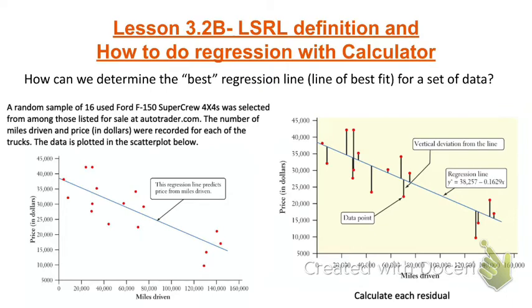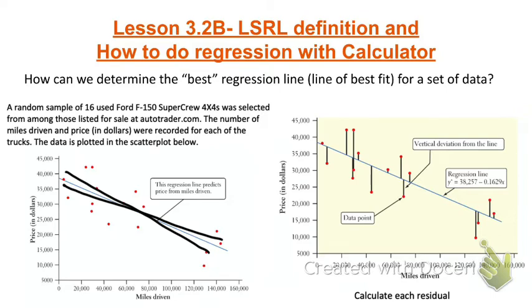But how do I know that the line on this particular scatter plot is actually the best fit? I mean, what if it's like that line? Or what if it's like that line? How do I know where to put it exactly?